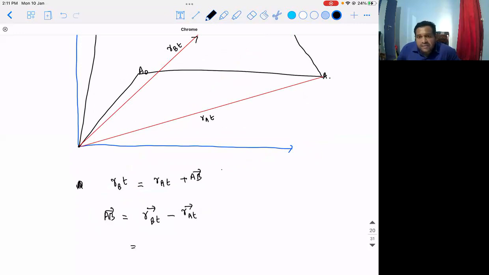So what is the general equation of the position vector of B in t seconds?